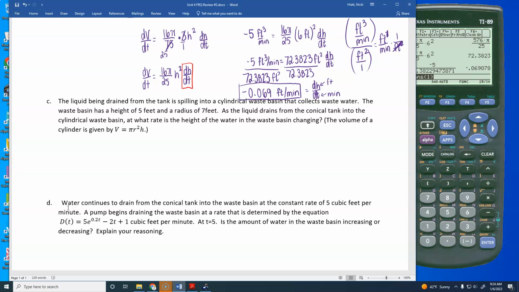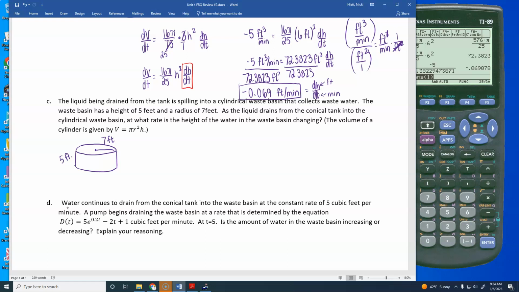So now we have a cylindrical waste bin, and it has a height of 5 feet and a radius of 7 feet.